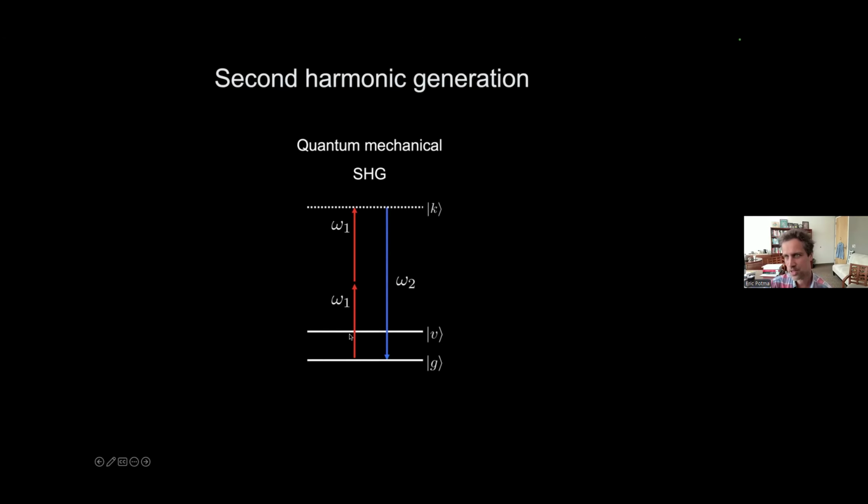Okay, now this is a picture you see in a lot of textbooks and in papers, but this picture is almost separate from what I just told you, okay? Because what I just told you is a classical explanation of optical nonlinearities, namely shaking of electrons and trying to see if there are Fourier components in the motion of the electron. This picture you see here is actually a quantum mechanical picture, okay?